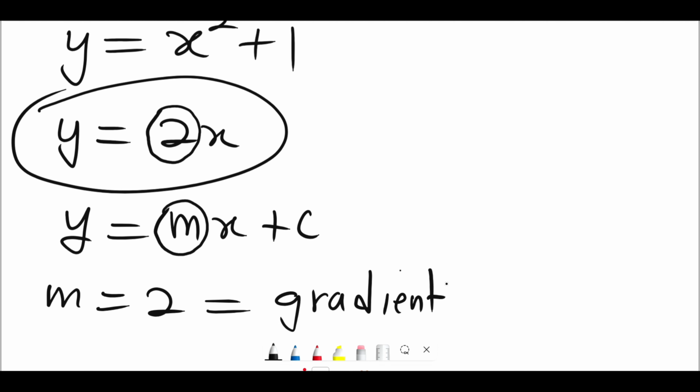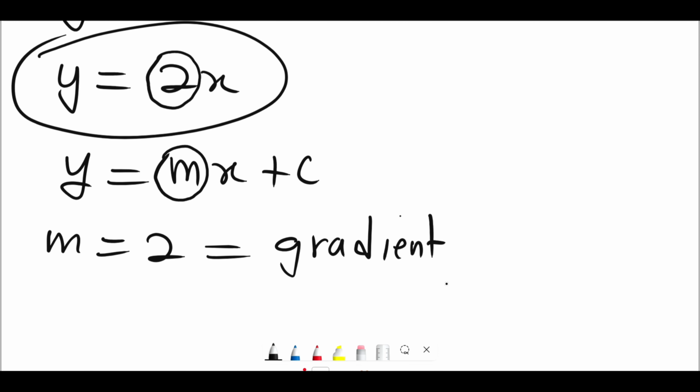If we could recall, in one of the videos on how to determine derivatives of a given function using first principles, we learned that whenever you differentiate a linear function, whatever you get becomes the gradient of the function. But when you differentiate a quadratic function or a cubic function, you are going to get a result in terms of x again.